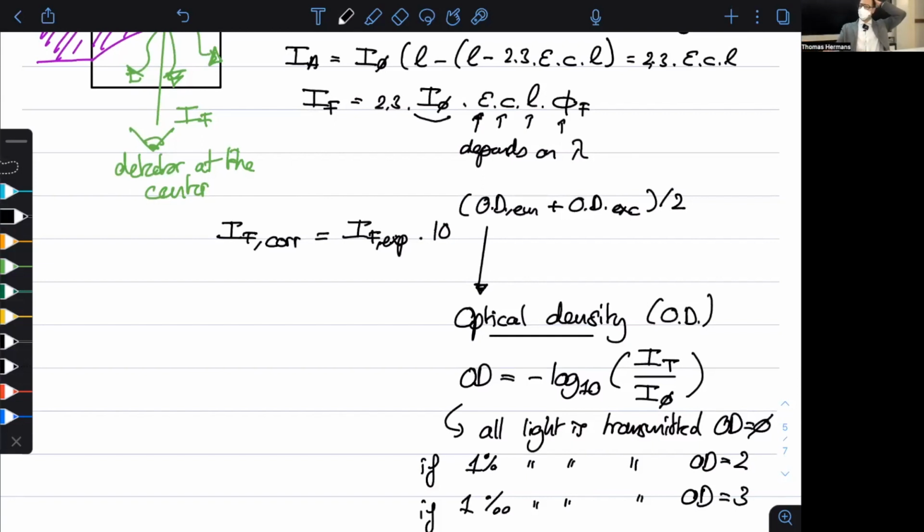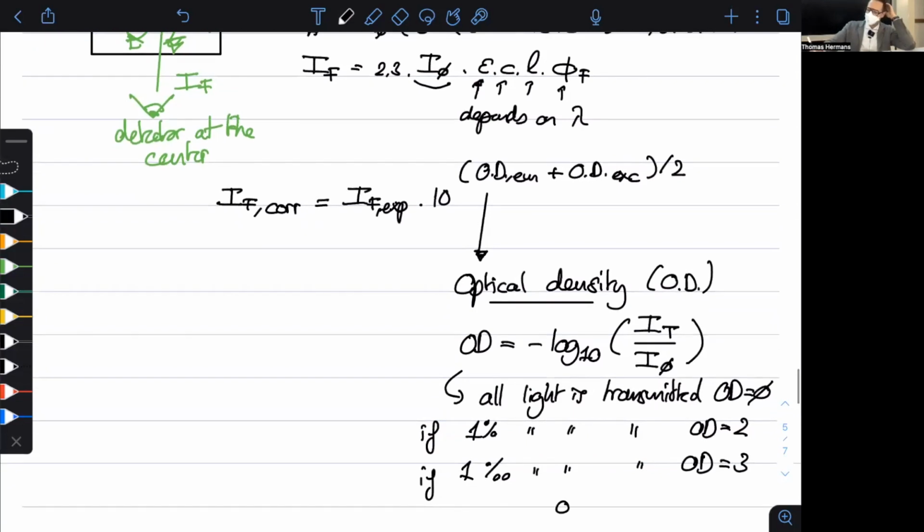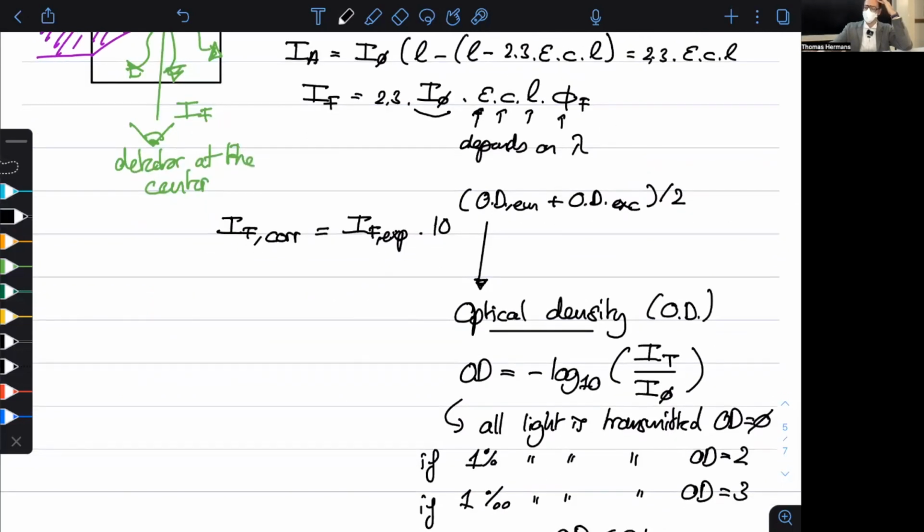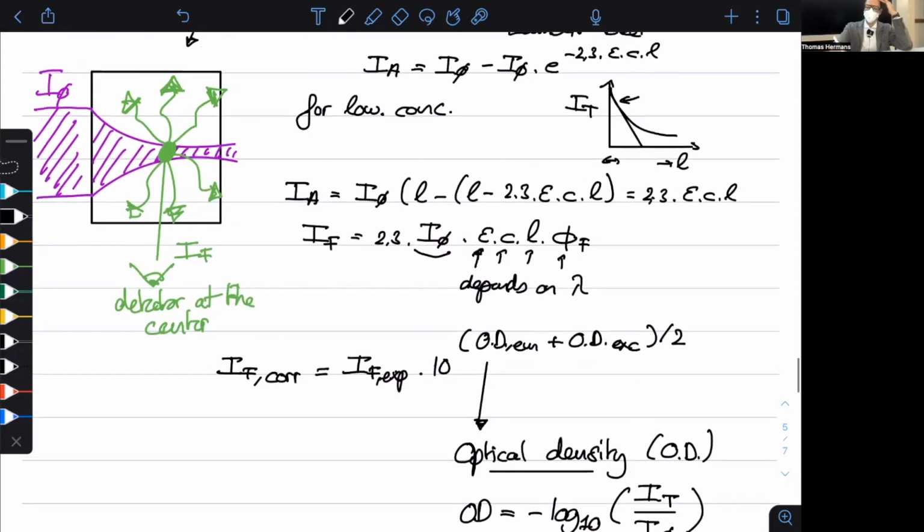So typically in fluorescence, you want to have optical density below 0.1 or maybe even 0.05. Because let's look at optical density 2: it means that all the light intensity decreases because it's absorbed when you go through the cuvette.